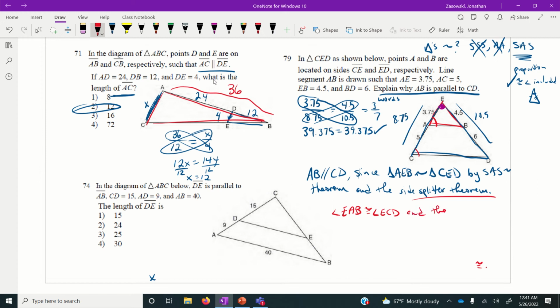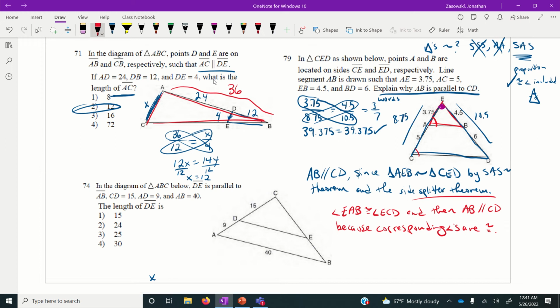And this means that AB is parallel to CD because the corresponding angles are congruent. You can see that was written there before. And that is going to finish off our proof.